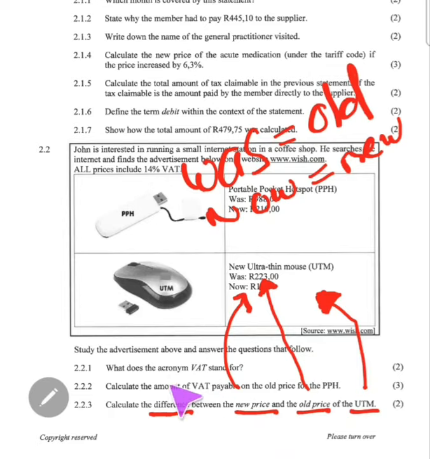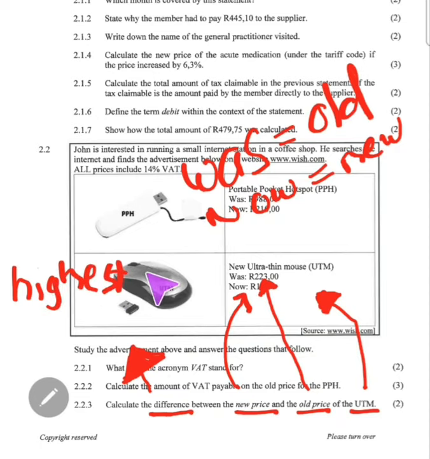Our very first keyword, difference. Now we need to know the definition of difference. The definition of difference is usually the highest value minus the lowest value. The difference between the highest value minus the lowest value will give us the actual difference. That's how we will calculate it.